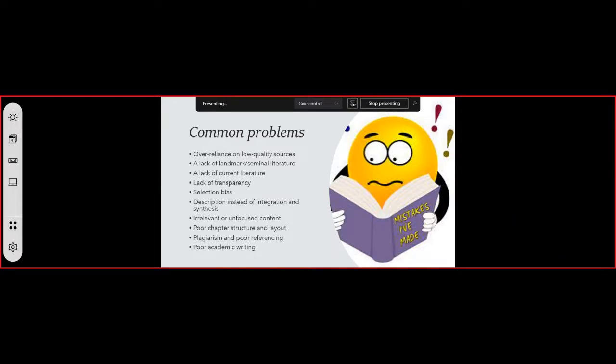Often there is a lack of landmark or seminal literature. Just a heads up, there was a question on Tuesday as well. How do I identify seminal literature, or how do I identify the key authors in my field, or the key authors in the topic that I'm looking at?